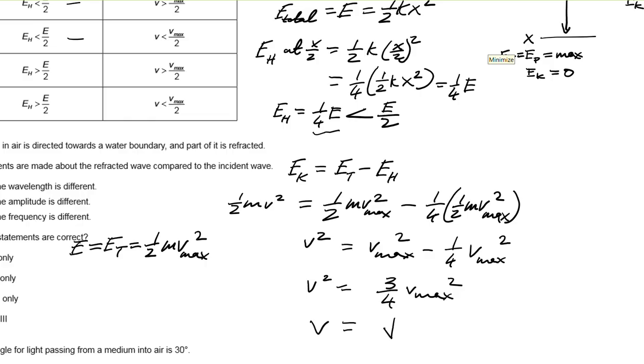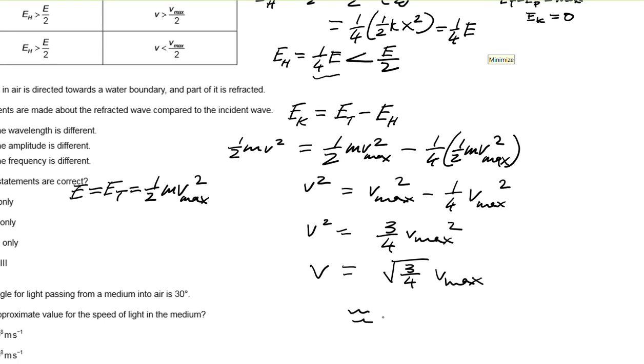And so v is equal to the square root of 3/4 times v max, which is roughly equivalent to, let's check a calculator, root 3/4, roughly 0.866 v max.